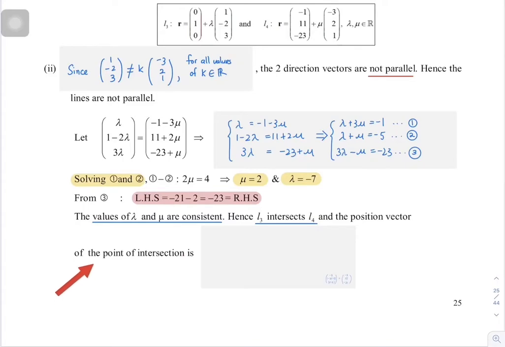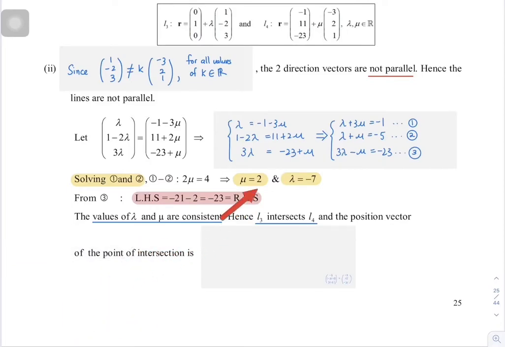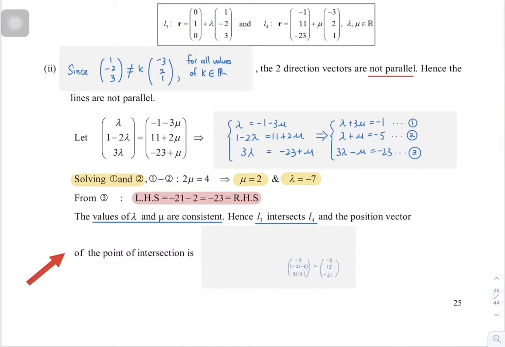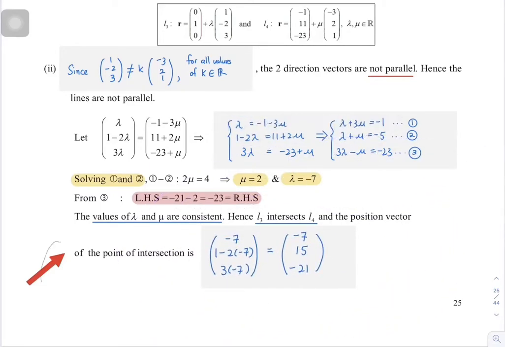We can then find the position vector of the point of intersection by substituting either mu equals 2 or lambda equals negative 7 into the line equation. We can choose lambda and put it into the equation to get the position vector of the point of intersection.